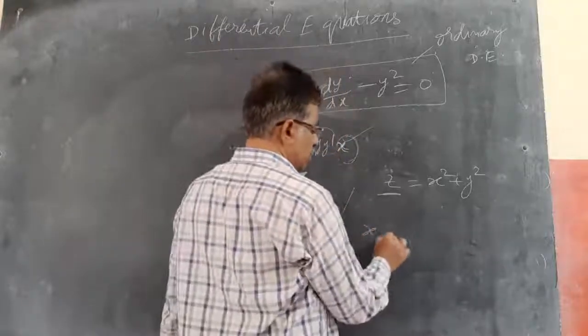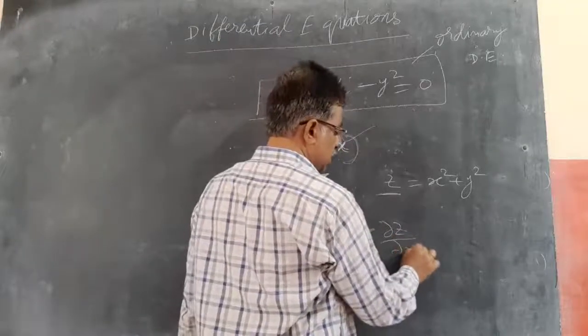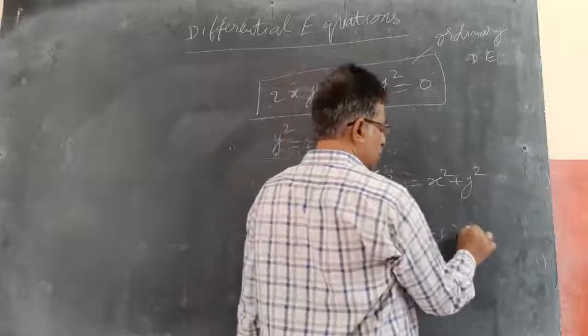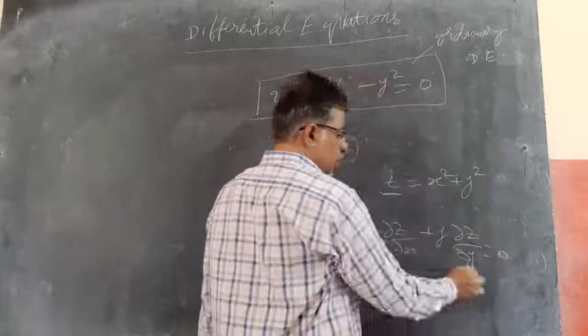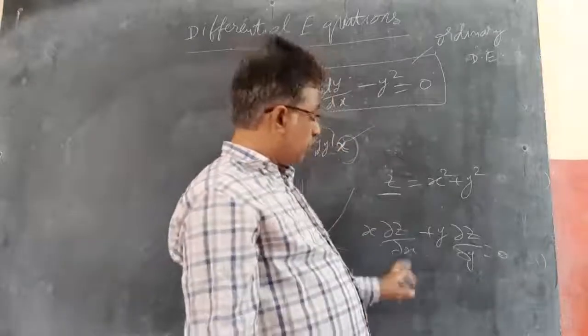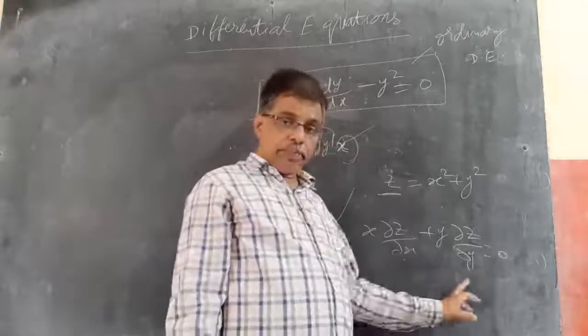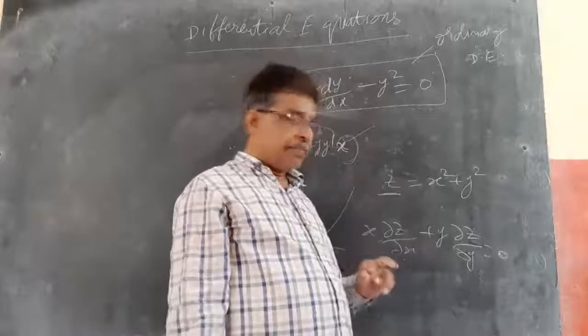For example, x into dou z by dou x plus y into dou z by dou y equal to 0. Here, two differentiations involve x and y, both independent variables, and z is the dependent variable.